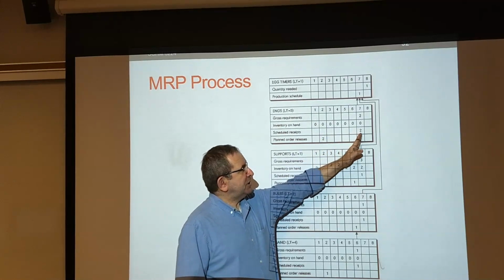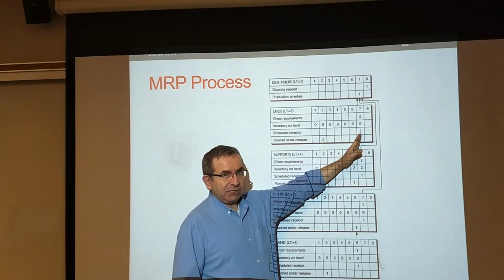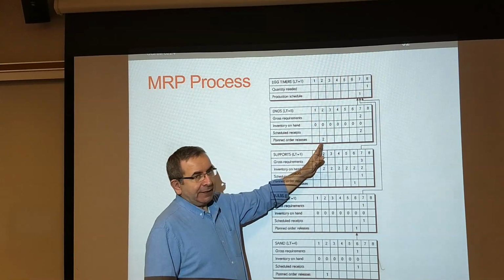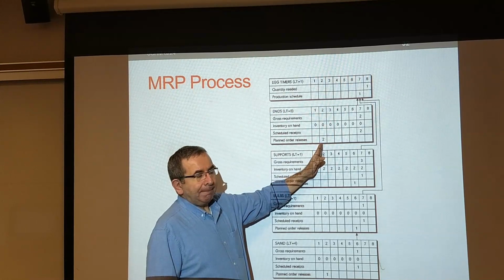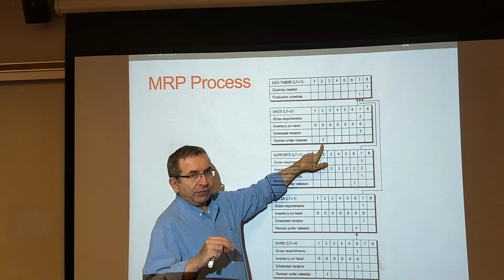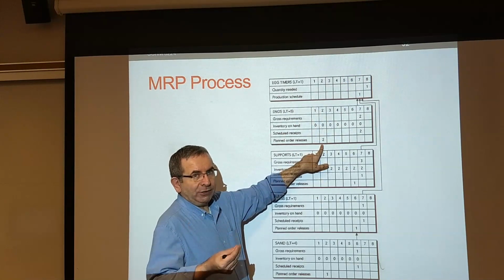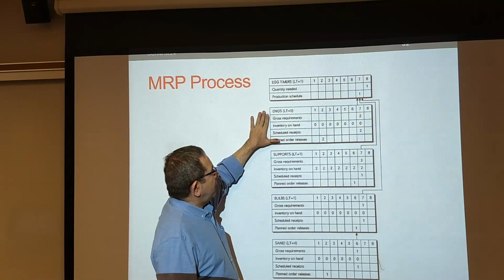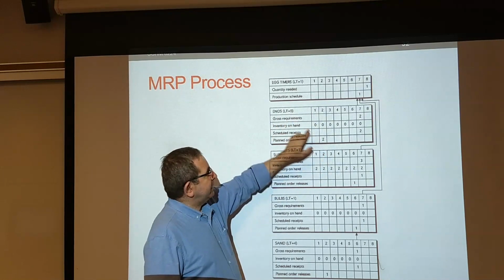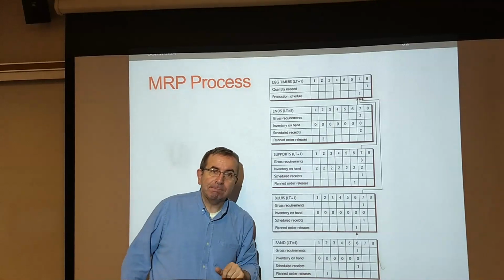If I want to receive 2 ends in period 7, I must place an order in period 2. Okay? So this is the quantity, this is the time, what to order, how much to order, when to order. Okay? So this is what I'm going to order from my supplier in terms of ends.